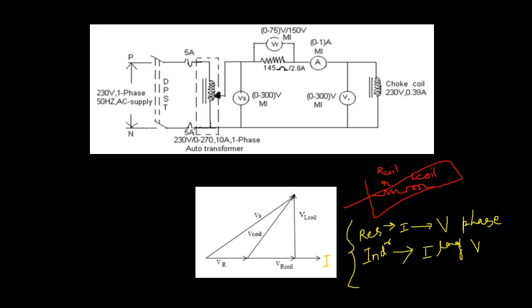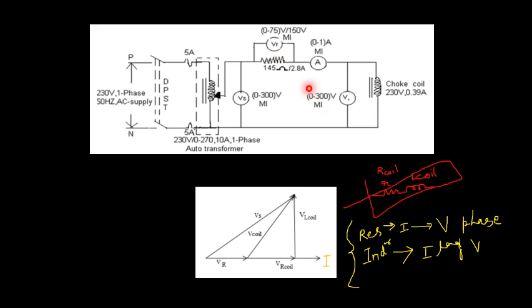Now if you look into this particular diagram, VR is nothing but the voltage appearing across this resistor. It is a pure resistor, so resistor voltage and current should be in phase. So it is along the axis of the current itself. The voltage appearing across the resistive coil is slightly larger compared to the normal voltage across the resistance.